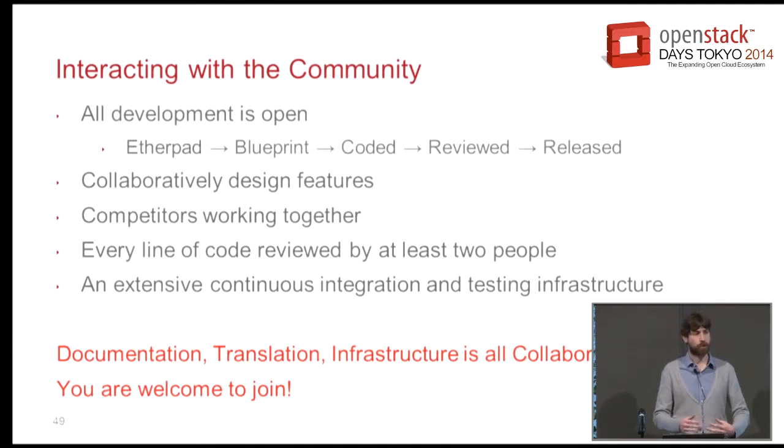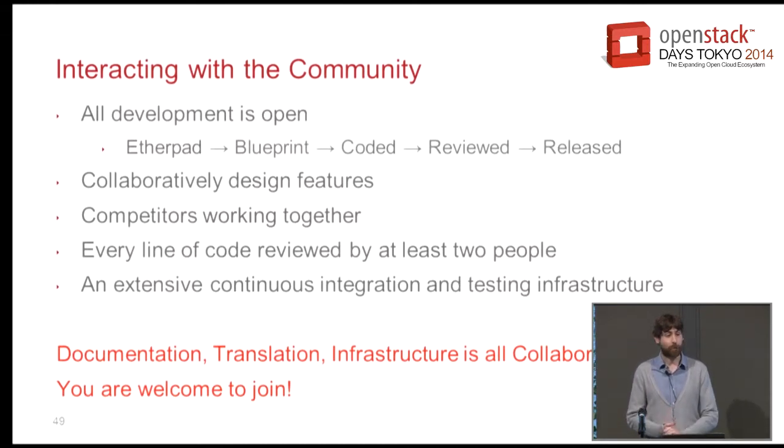And then what happens is, if the humans have said it's okay, we send it to the machines, the continuous integration and testing system. And as Mark showed on his earlier slide, we're building an enormous number of clouds every day. For every code change, more or less, we build an entire cloud to make sure that change actually has the expected impact on the code base.